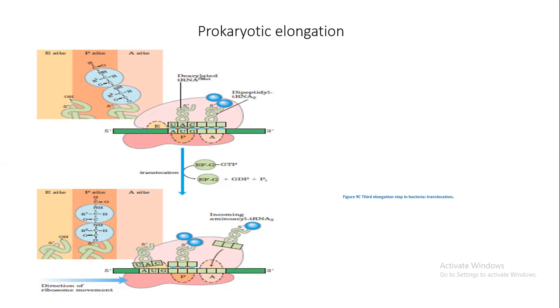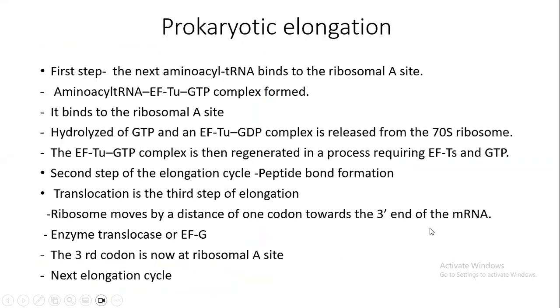Again, you will have peptide bond formation and the reaction will keep continuing till you reach the termination sequence. From the E site, the empty transfer RNA simply falls off and the process of elongation will continue with the rest of the messenger RNA. All these points that we just discussed are written here for your reference.